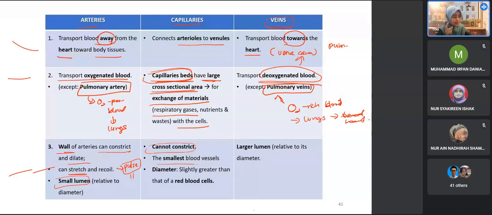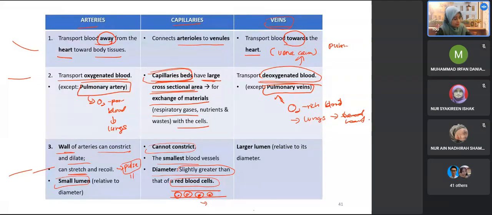So it is the smallest of blood vessels, and the diameter is slightly greater than that of a red blood cell. Dia punya diameter just muat untuk satu red blood cells lalu. Okay, why is this so? Because this is to allow efficient exchange of materials.